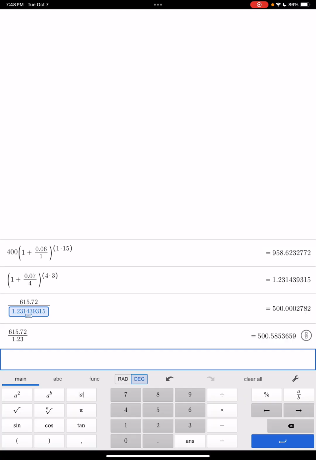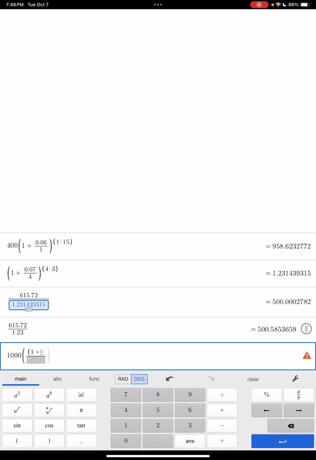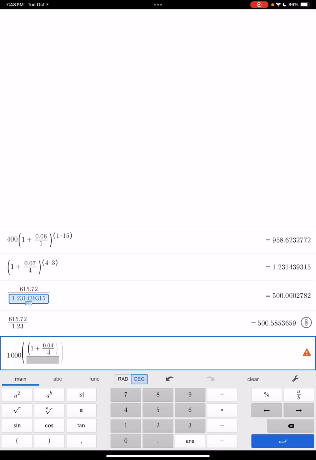All right, I'll just hit enter to get out of whatever that was. So 1000 parenthesis fraction button, more parentheses, 1 plus 0.04 divided by 1, right arrow, close the parenthesis, exponent, parenthesis 1 times 0.35.